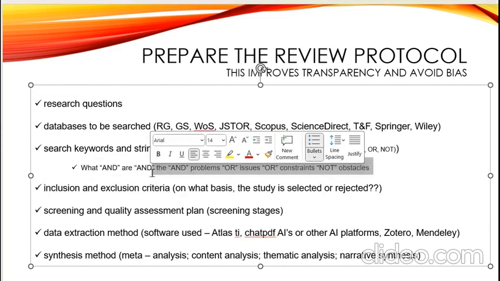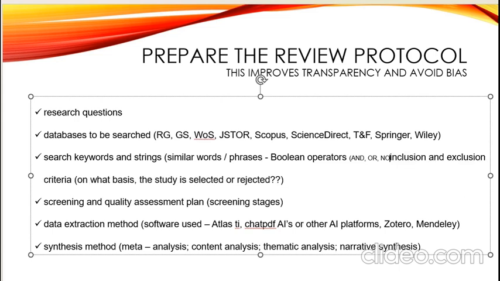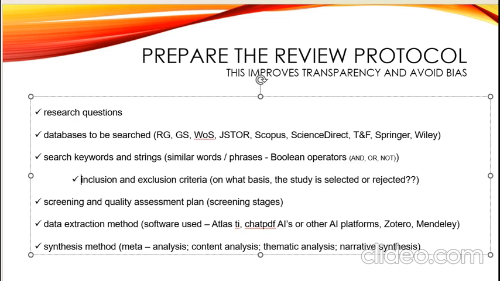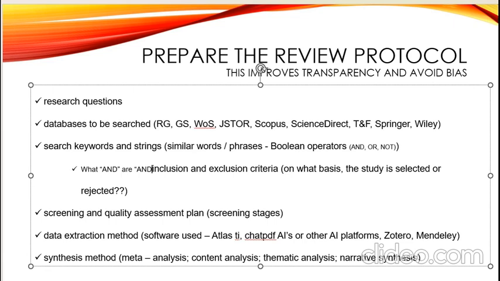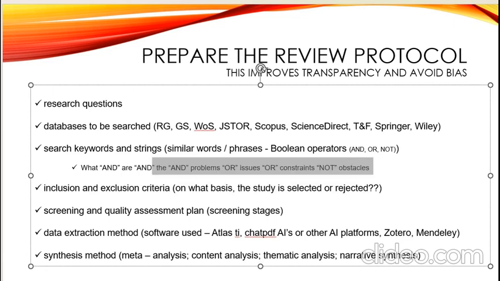Fourth criteria is inclusion and exclusion criteria, on what basis the study is selected or rejected. For the inclusion criteria, first of all, I am going to tell the number of criteria that can be included.